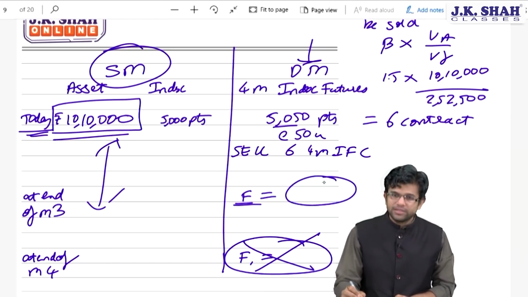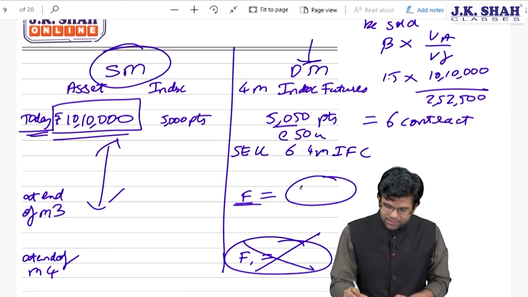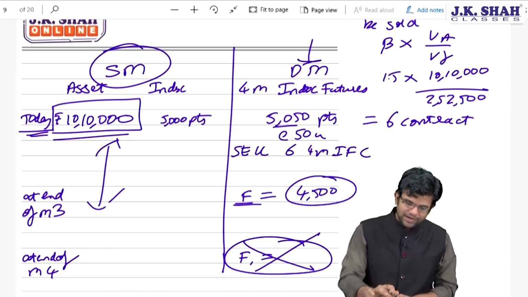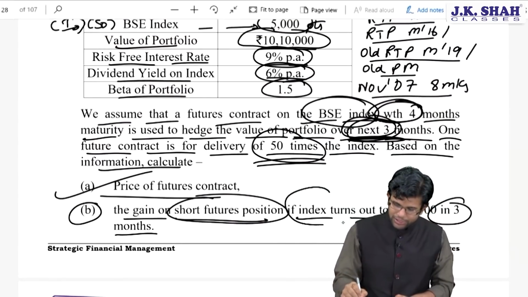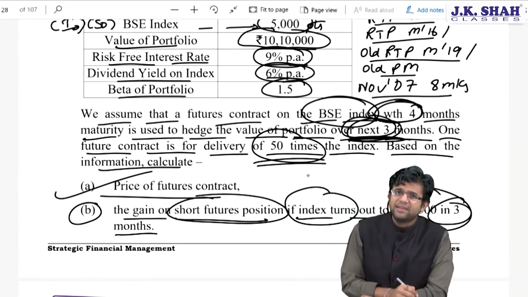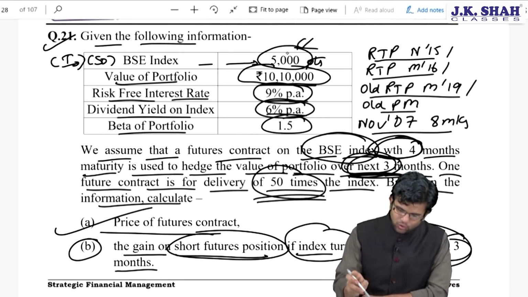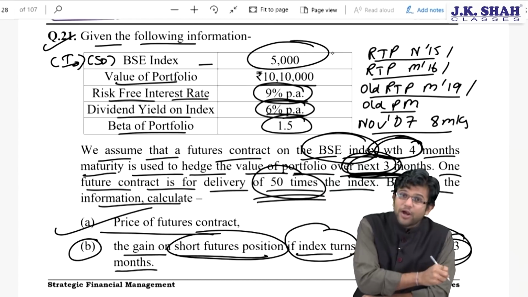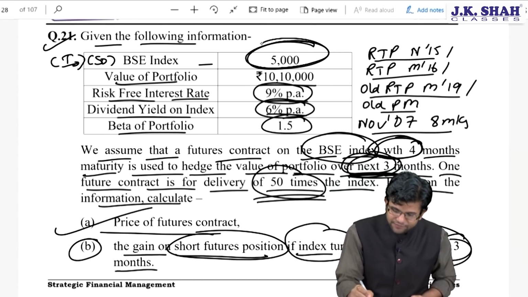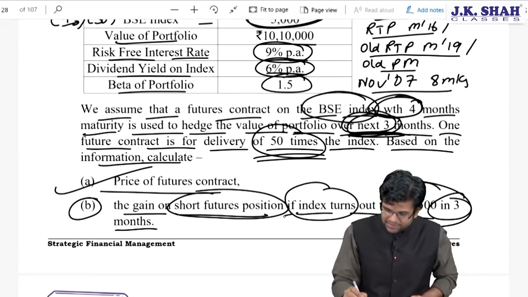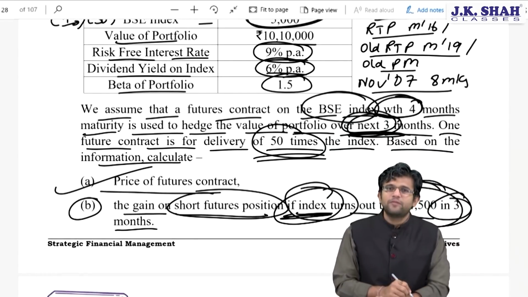And these futures, what is the value of it? Some people think it is 4,500 as given in the question. The index turns out to be 4,500 in 3 months. Children, no. It is not the value of futures. Just as they had given to us the BSE index 5,000 points in the spot market today, they are saying that this 5,000 in the spot market, the index has turned out to be 4,500.